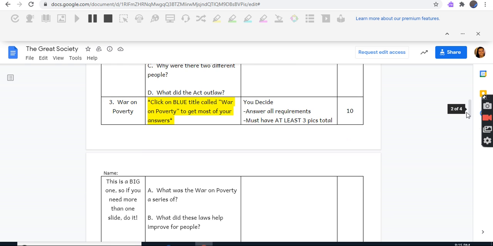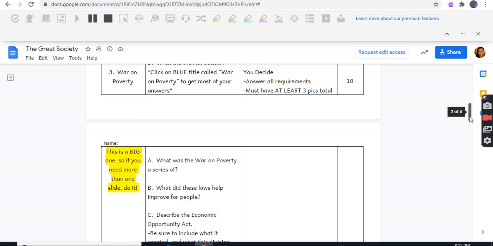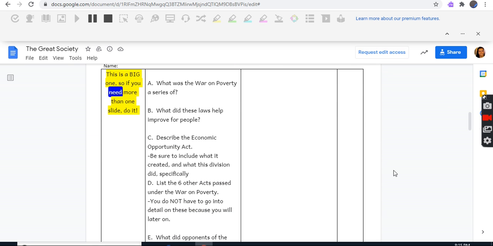3. War on Poverty. Click on the blue title called War on Poverty to get most of your answers. You decide. Answer all requirements. Must have at least 3 pictures total. This is a big one, so if you need more than one slide, do it. A. What was the War on Poverty a series of? B. What did these laws help improve for people?